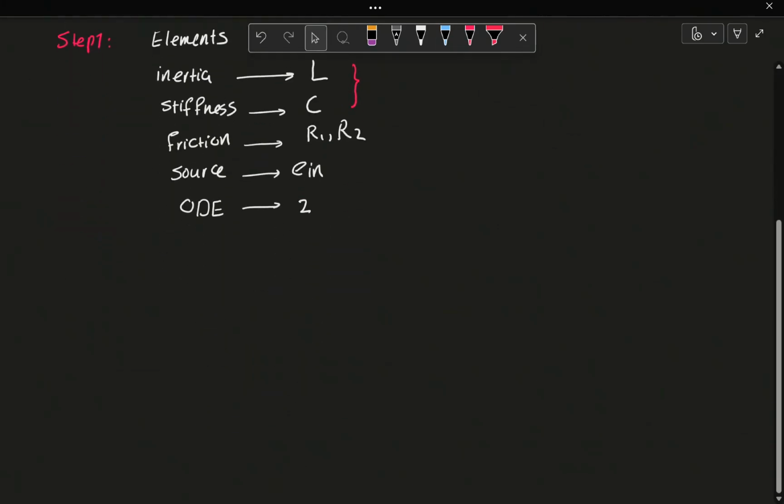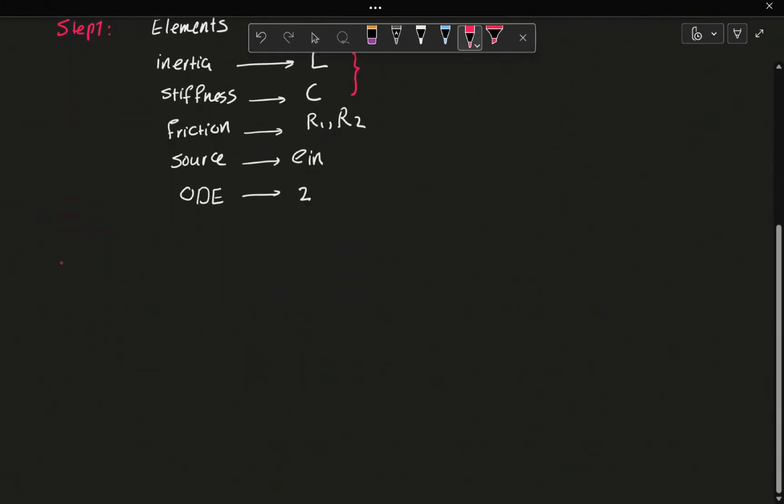Okay. Let's go to step 2, which is our dynamic variables. For dynamic variables in electrical systems, you look at either the voltage across the capacitors or the currents through the inductors.